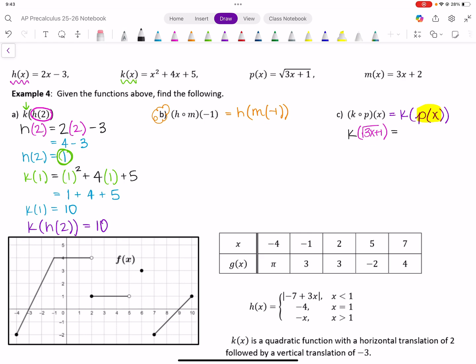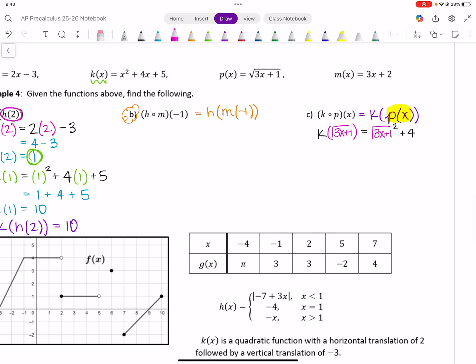So first, we're going to substitute in our radical, so 3x plus 1, and then we end up squaring that, and then plus 4 times the square root of 3x plus 1 plus 5.